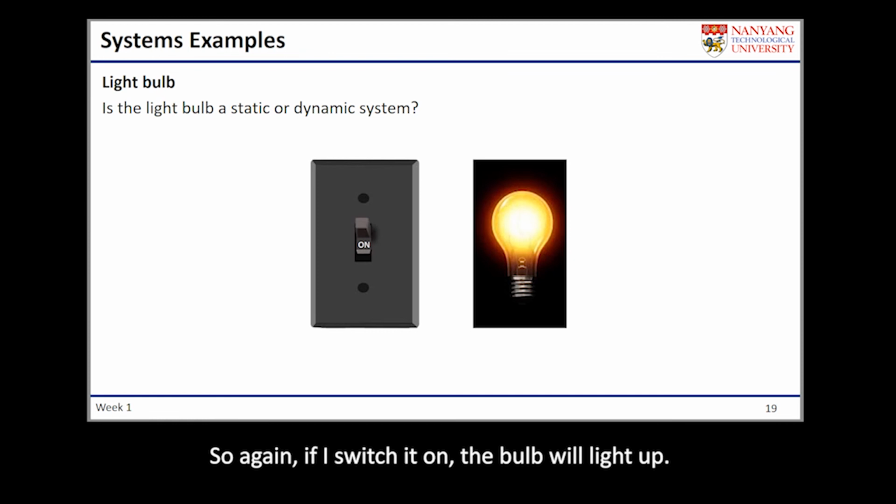So again, if I switch it on, the bulb will light up. Looking at the system, the input to the system is the voltage. The action of switching the switch is basically giving a voltage input to the light bulb. The light bulb is the system in our case here. So I'm giving an input of voltage to this light bulb.